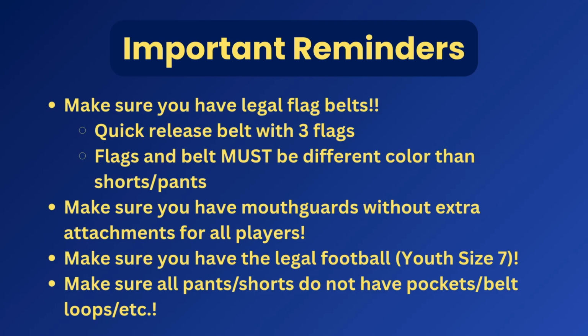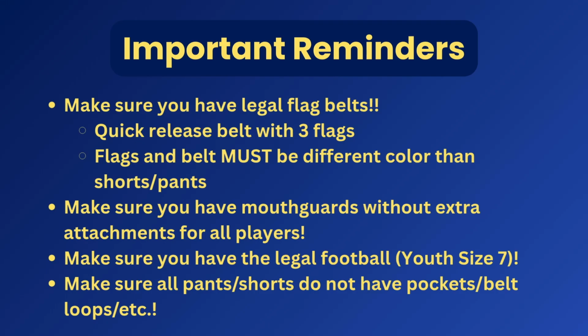The flags and the belt must be different colors than the shorts and pants worn by the players. The shorts and pants can have a stripe down the side, but the main color of the shorts or pants and the color of the stripe cannot be the same color as the flag belt itself or the flags on the flag belt.